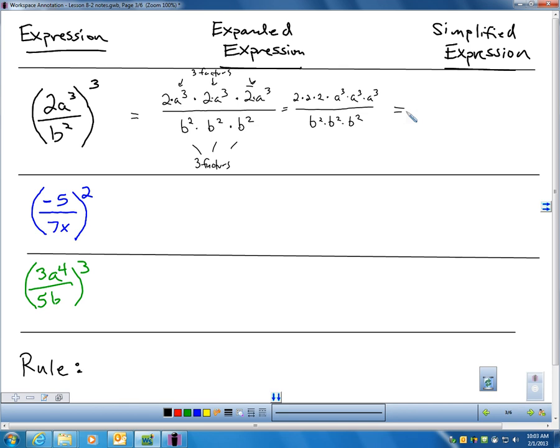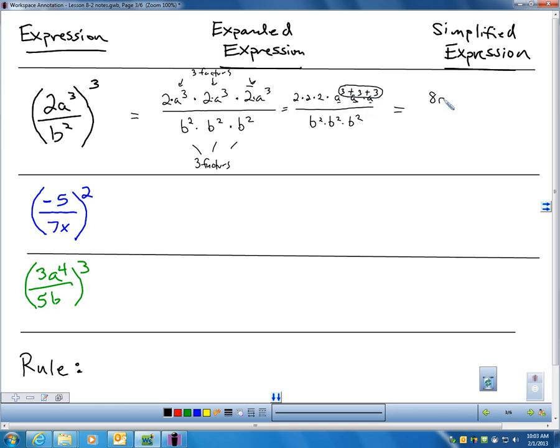Remember, our first property, thinking about the last video, I'm going back to page 49, the product of powers property. Remember, if I have the same base and I'm multiplying, I can just add the exponents. So does this make sense? 2 times 2 times 2 is 8. And a to the third times a to the third times a to the third, since the bases are the same, I can add these exponents.